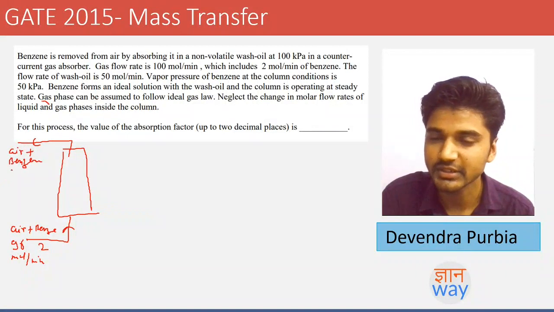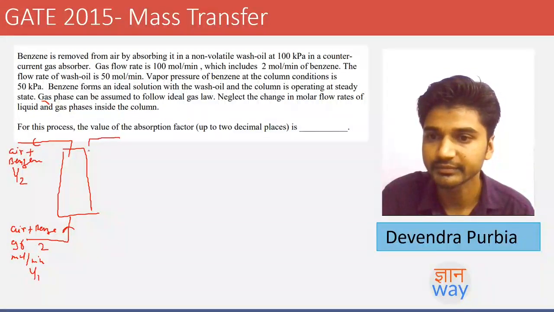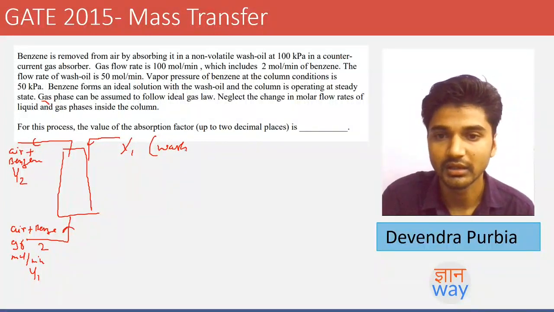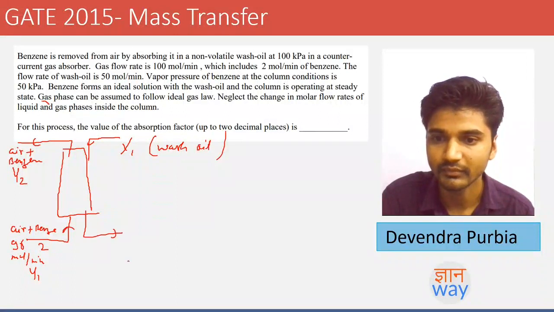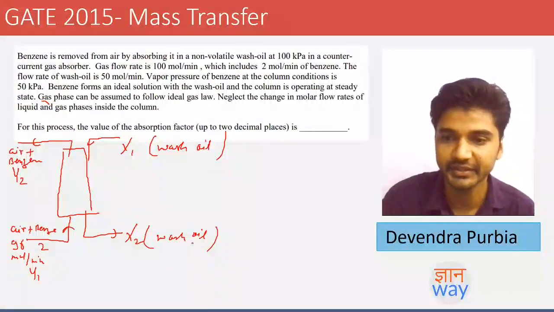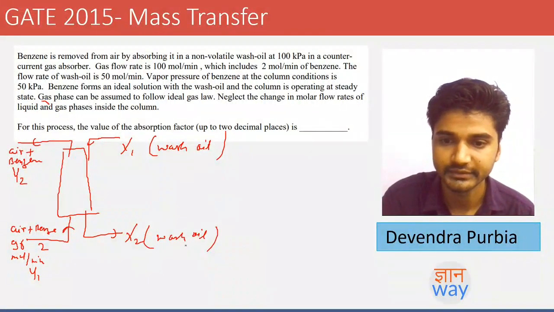We are denoting this benzene concentration as Y2 and the inlet as Y1. Similarly, we are denoting X1 as the pure wash oil that does not contain any benzene, and the outlet is X2, which contains some benzene. Some benzene is extracted from the air, so this wash oil contains some benzene.